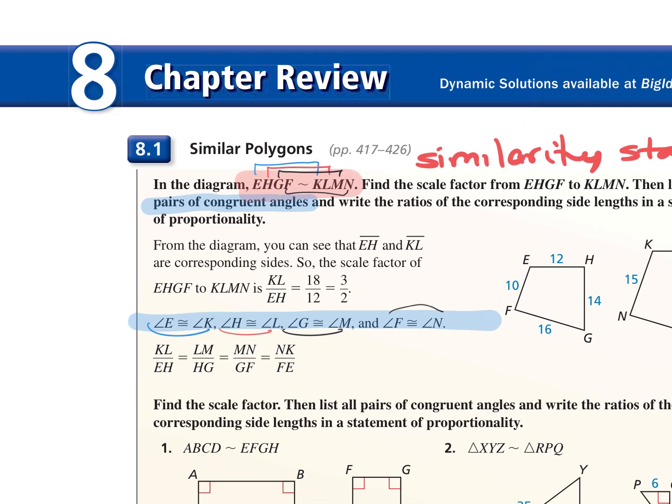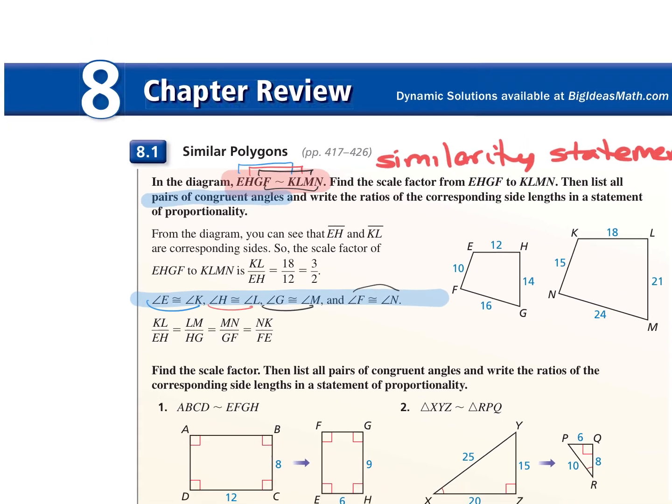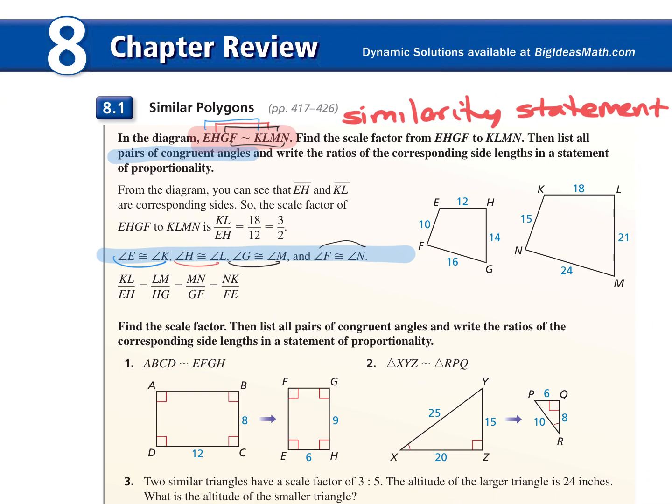Now, if it ever asks you, and it did ask you on the quiz, to write all of the corresponding side lengths in a statement of proportionality, this is where you're going to match all of the corresponding sides, and you can use the similarity statement to help you, but this right here is the statement of proportionality, where you would match the corresponding sides. And again, if you want to use the similarity statement to help you, do that.